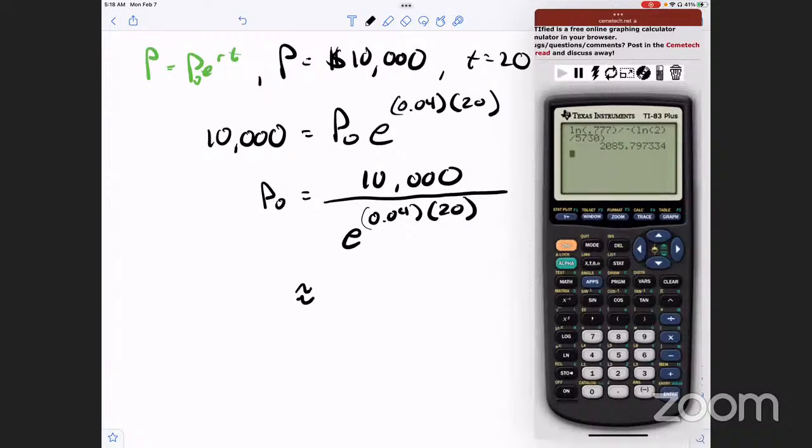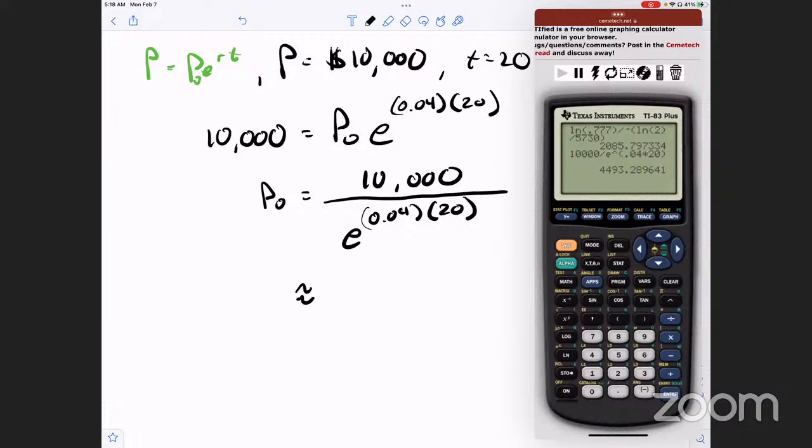So then we can just say 10,000 divided by e to the 0.04 times 20. Almost $4,500, right?